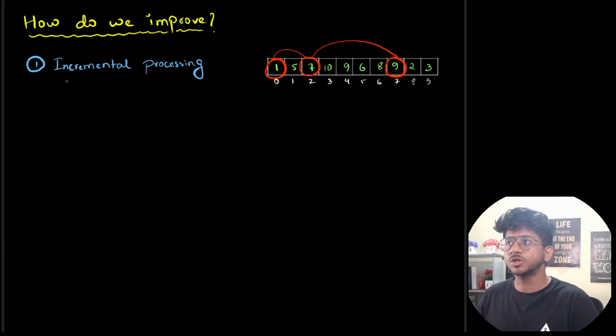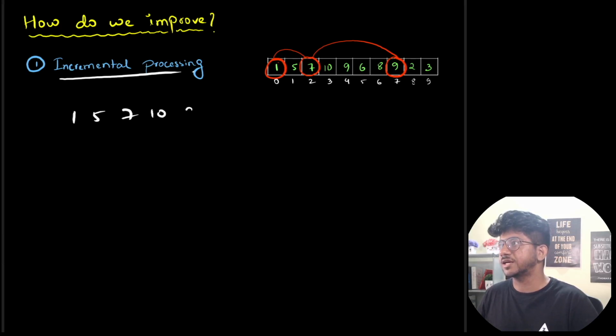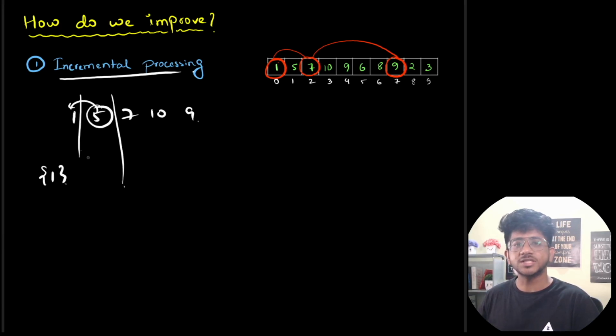And we come to this notion of incremental processing, right? So let's say we have a set 1, 5, 7, 10, 9. Till this point, the only subsequence that is possible is 1. Then if you include 5 into this, the way you can generate the longest increasing subsequence is either you keep 5 itself or you append 5 at the back of 1.